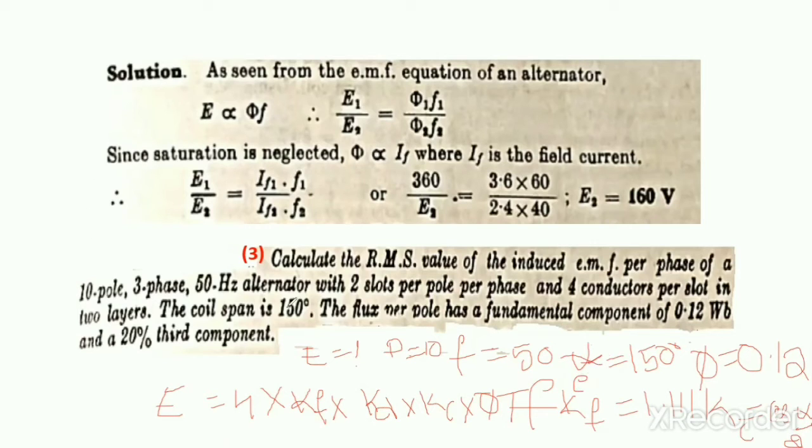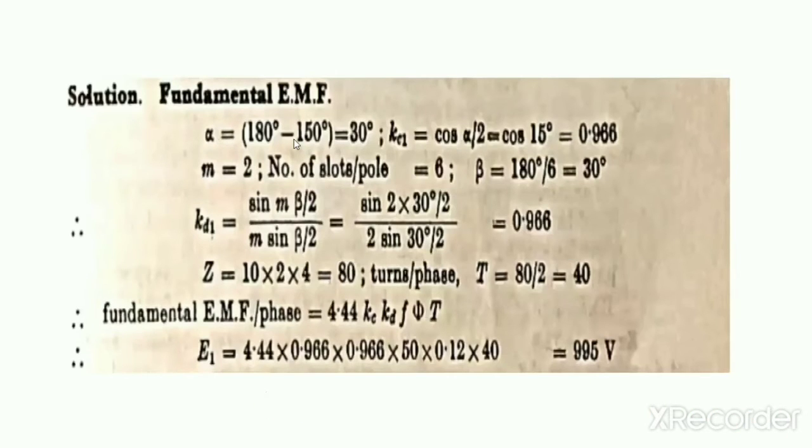The coil span is 150 degrees, so alpha in electrical degrees is 180 degrees minus 150 degrees, that is 30 degrees.